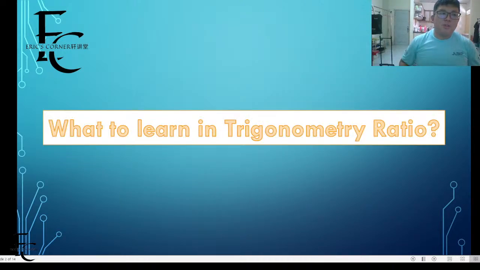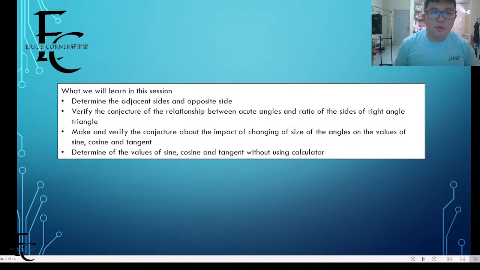So what do we learn in this trigonometry ratio? What we will learn in this session will be the adjacent sides and the opposite sides. In a right angle triangle, the adjacent side and opposite side depend on where the acute angle is located. Next, we will verify the conjecture of the relationship between acute angles and the ratio of the sides of the right angle triangle.